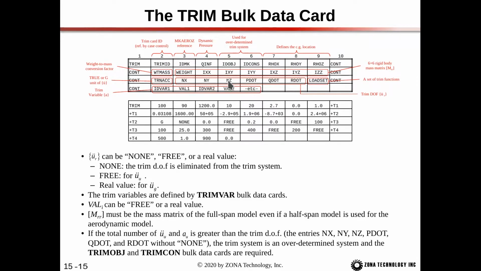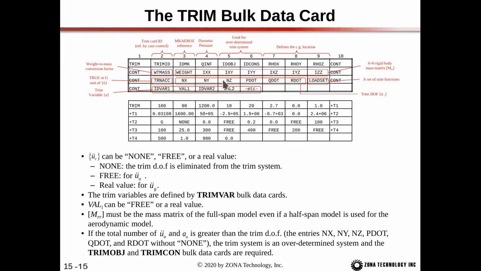So for a simple 1G cruise condition, you can set TRN ACC to the character string G, and then NZ would be 1. If you want to define these accelerations in terms of model units, then you can set TRN ACC to be true. So for example, if you're using kilograms and meters as your model units, and you want to do a 1G cruise, then NZ would be 9.81.